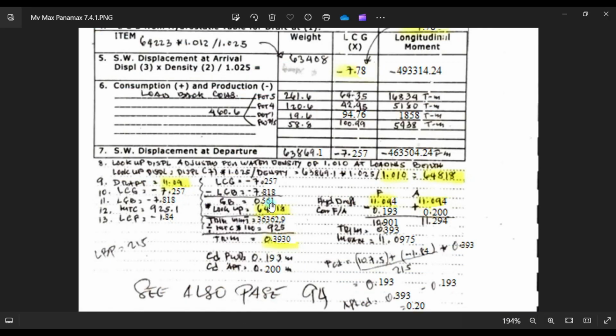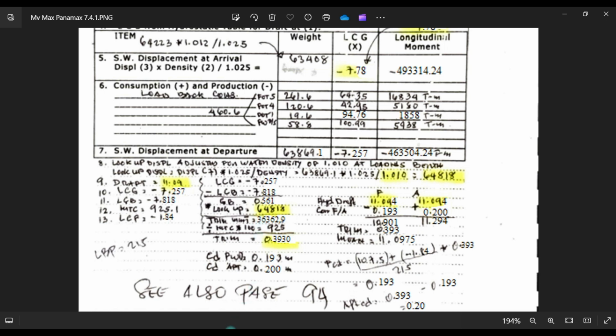That will be the trimming arm, and multiply it by the displacement of 64818, then you will have a trimming moment of 36362.9. Okay, that will be the trimming moment.